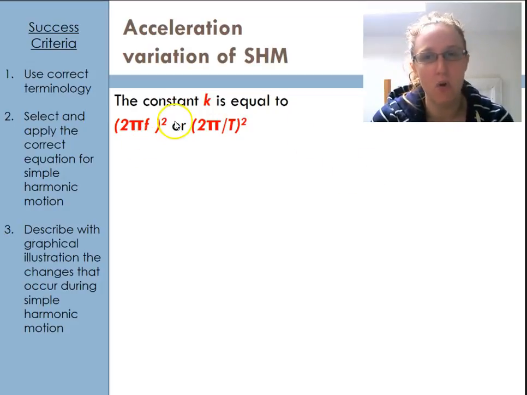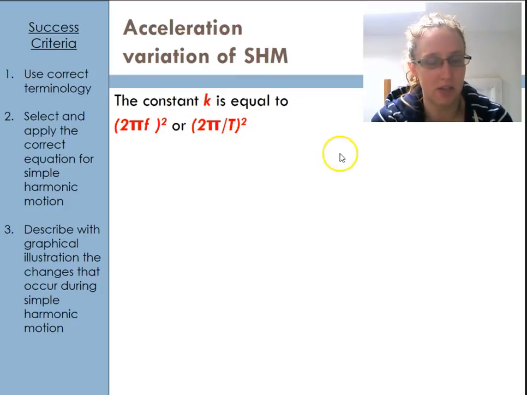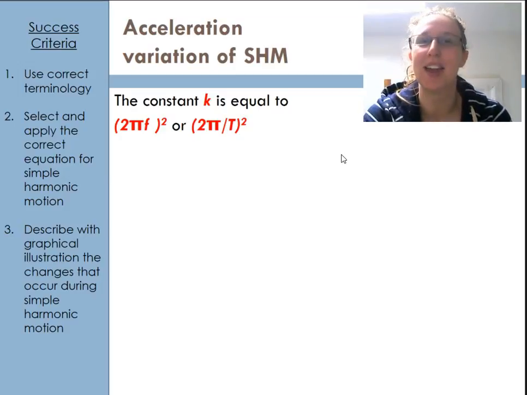You will have one form of this in your data book, but they might not give you the frequency, they'll give you the time period. You can just convert before you put it into the equation, or you can just remember and change the equation. It doesn't matter, whichever you feel is the quickest or easiest for you. Actually, scratch that. I don't care which you find the quickest. I care which you will get right in the exam. So make sure you use the version you will get right.